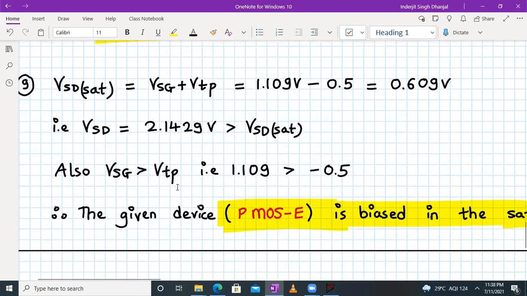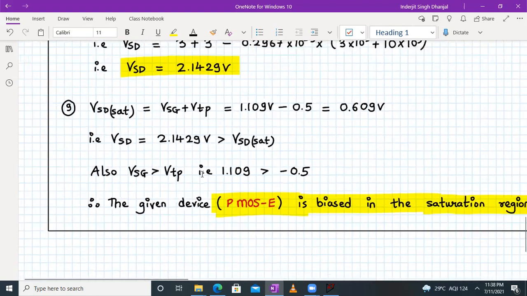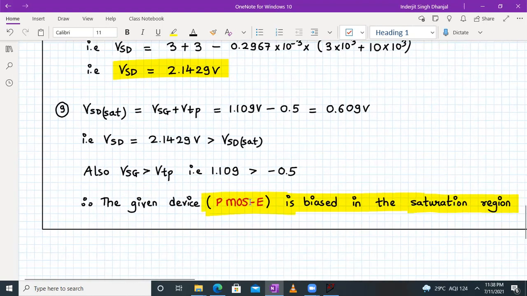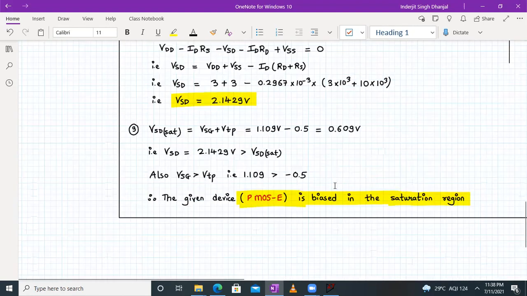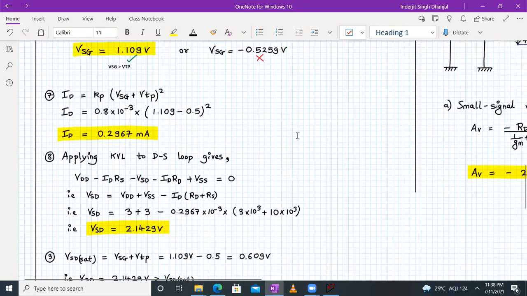Also, the second condition, VSG greater than VTP, is satisfied: 1.1 is greater than minus 0.5. Since these two conditions are satisfied, the given device, a P-channel enhancement type MOSFET, is indeed biased in the saturation region. So this is all about the DC analysis.